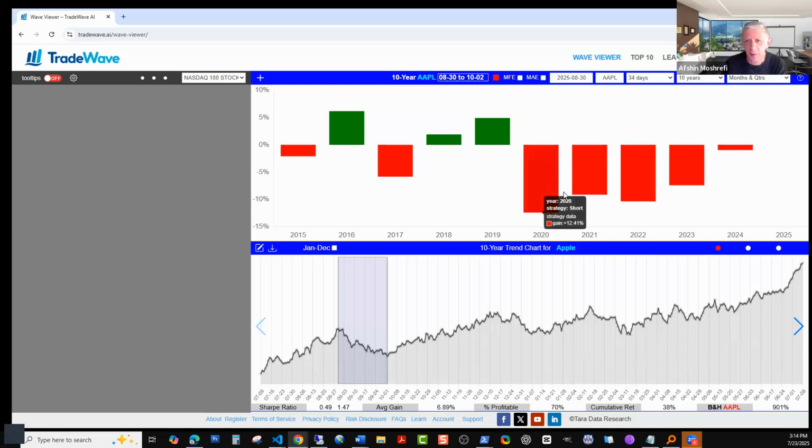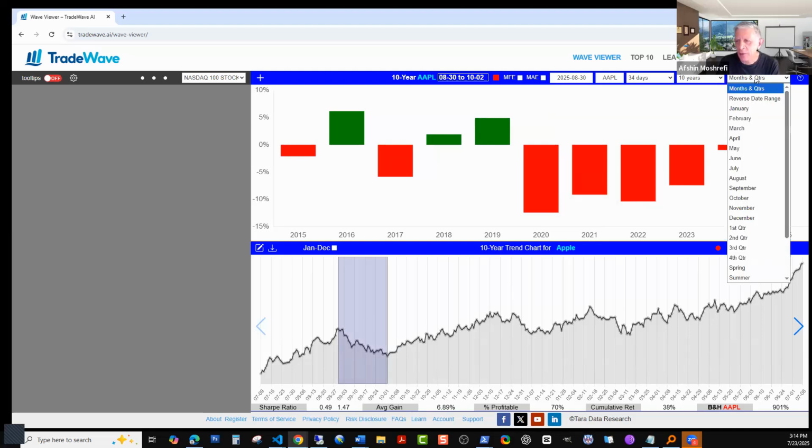Basically, in the last 5 years, there was a loss. And what are the dates? The dates are 30th of August until 2nd of October. And a lot of people know that Septembers are not good months for Apple. It just hasn't done well. And we can take a look at that. All you have to do is take the pull down and just select the month, September.